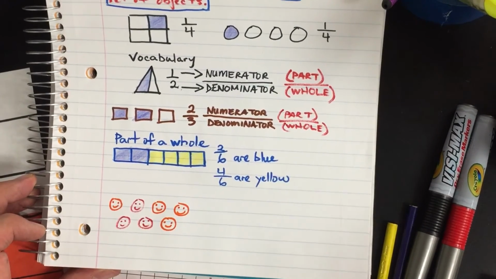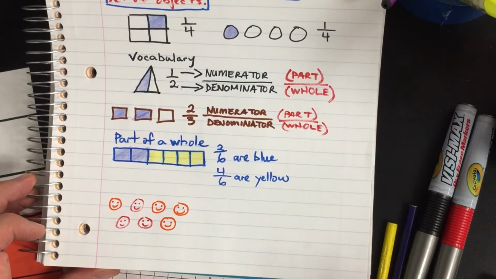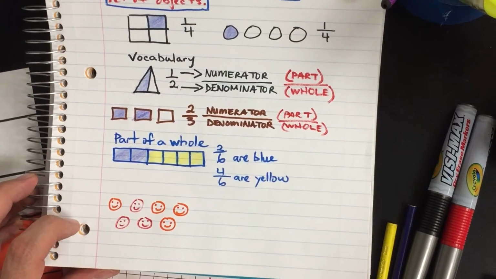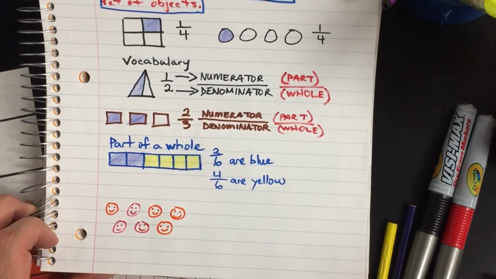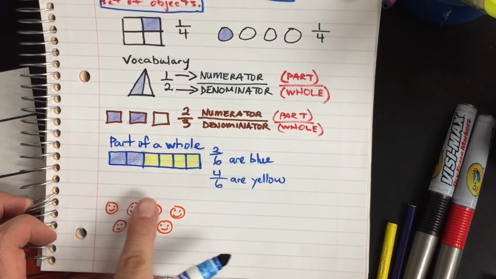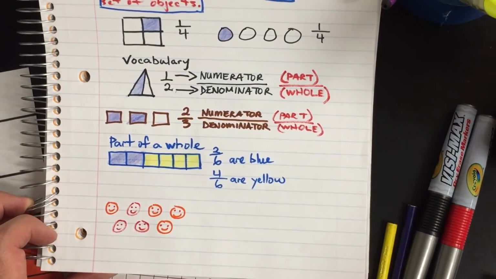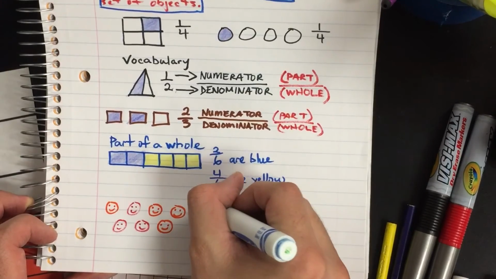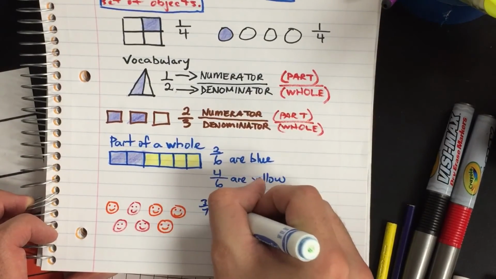Okay. So what would my fraction be right now of red happy faces? 3 out of 7. 1, 2, 3, 4, 5, 6, 7. Right. So 7s, then it would be 3/7 are red.